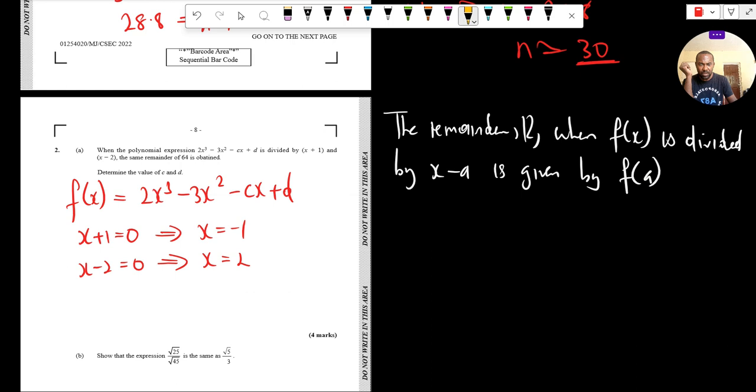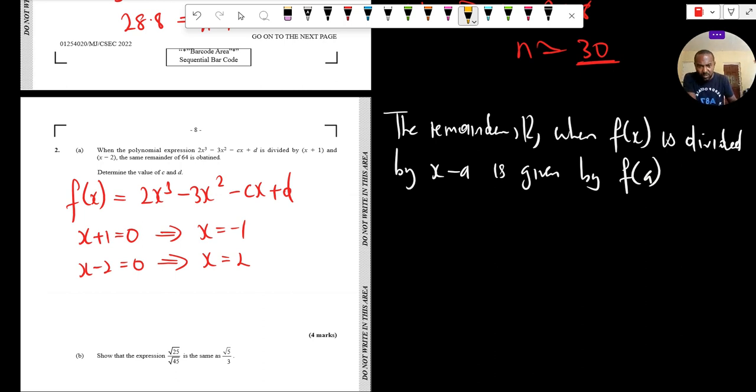So what this basically means is that the remainder when this polynomial is divided by x plus 1 is given by f of minus 1. And similarly, the remainder when the polynomial is divided by x minus 2 is given by f of 2. And since we're told that both yield the same remainder of 64, it means that f of minus 1 equals f of 2, which actually equals 64.